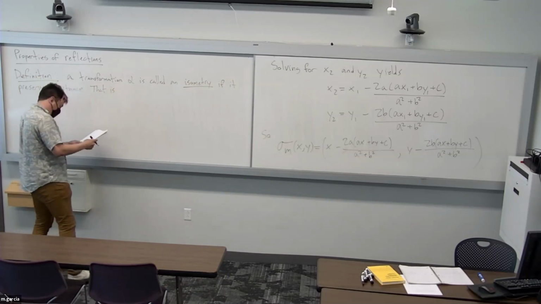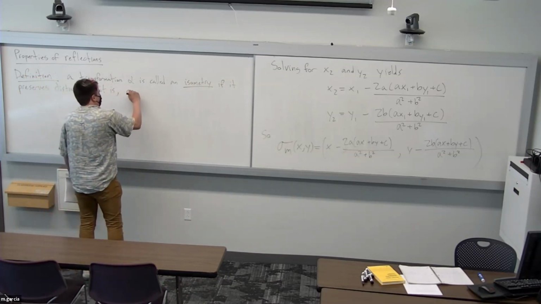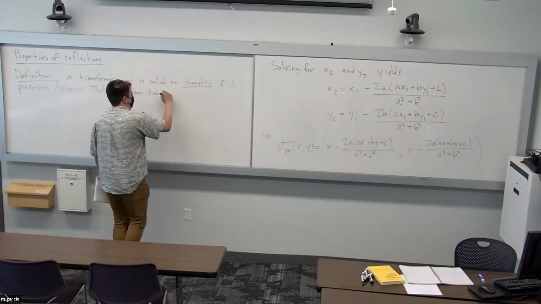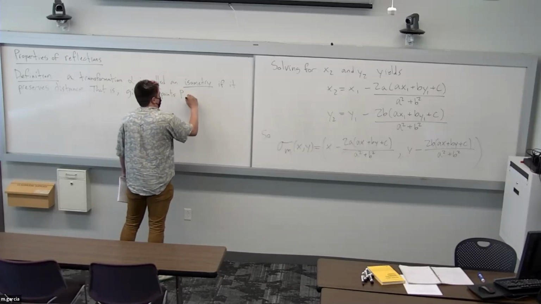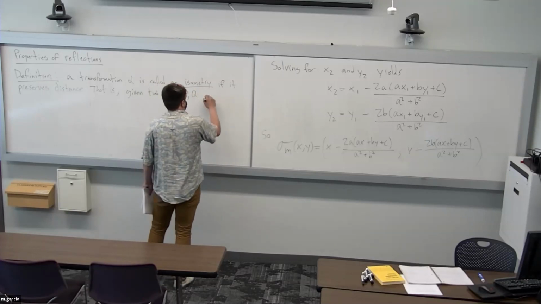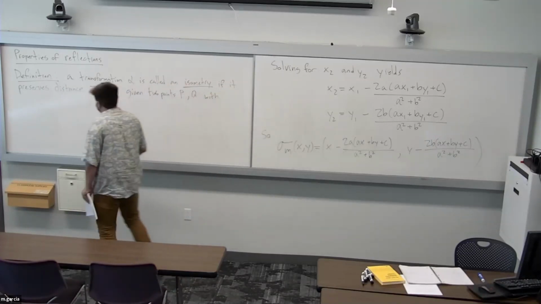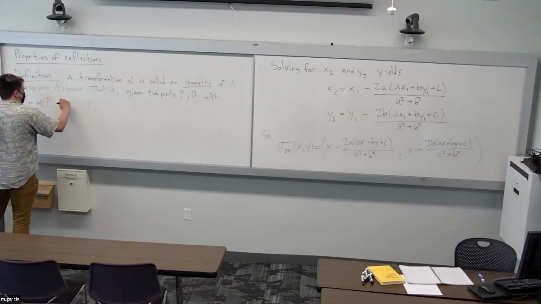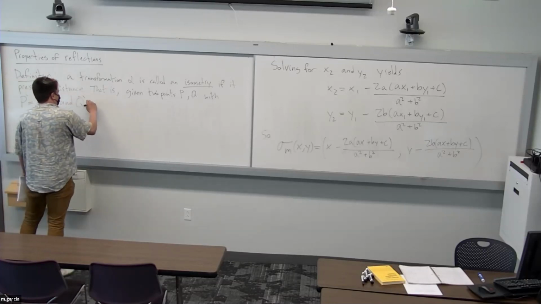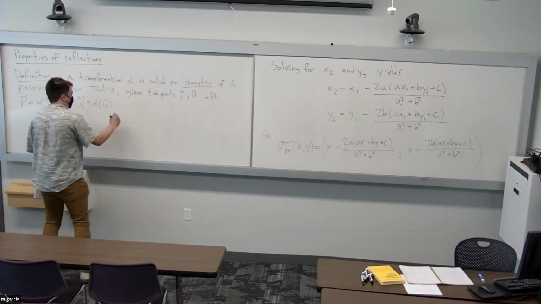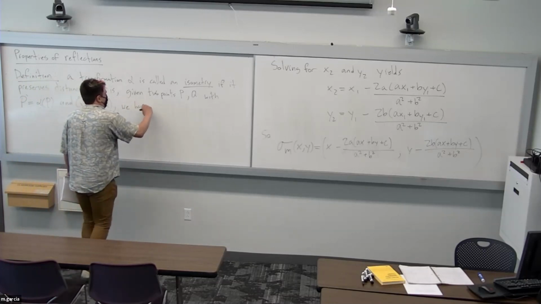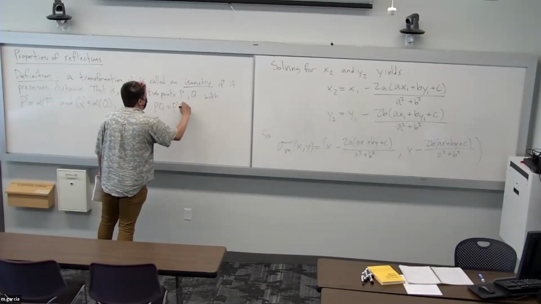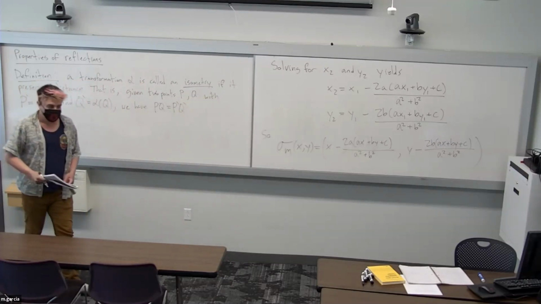That is to say, given two points P and Q, with, let's say, P prime equal to alpha of P, and Q prime equal to alpha of Q, we have the distance from P to Q is equal to the distance from P prime to Q prime. Okay.